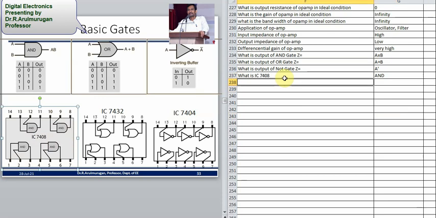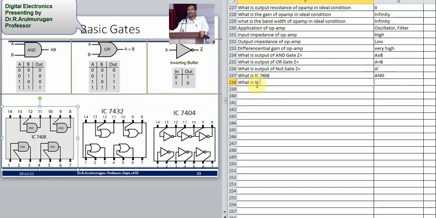You have studied the voltage regulator 78XX, the positive voltage regulator. See, 8 is the end. In 7408, 7 is the start, 8 is the end. 8 divided by 2, what is the answer? 4. So 7408 means AND gate. Easy to remember. Okay, then next.